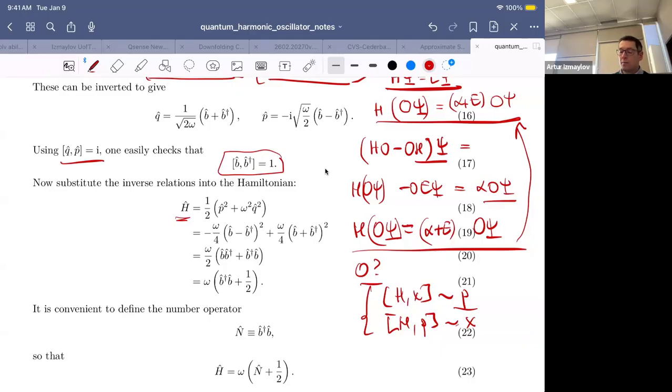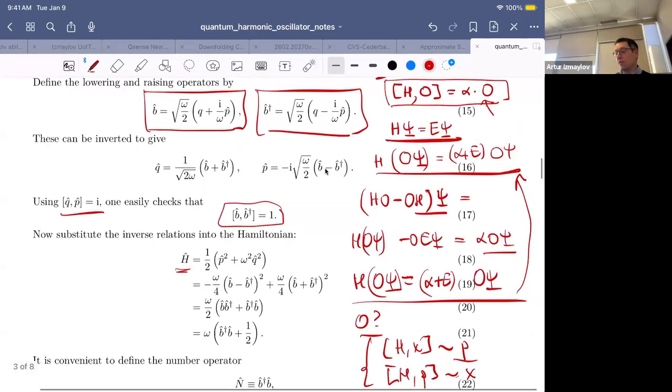Why would we do that? Because we want to confirm that if H is written in terms of B and B dagger, we could ask what the commutation relation of H with one of them is. So we write Q as a sum of B plus B dagger and P as a difference.